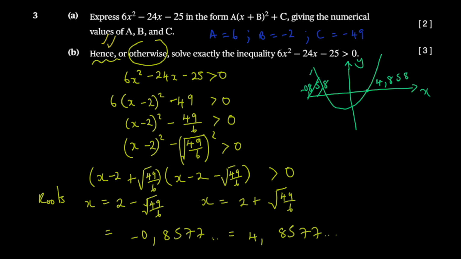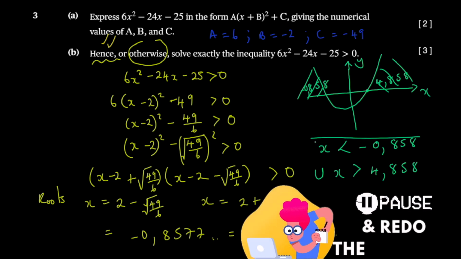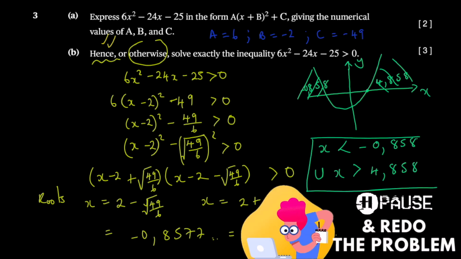Obviously it's these parts here. So what it means is that x is less than negative 0.858, union x is greater than 4.858, like this. So this would be your solution.